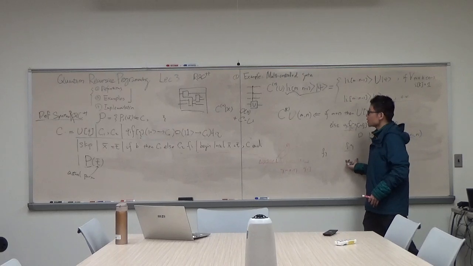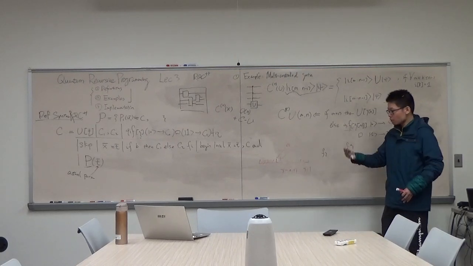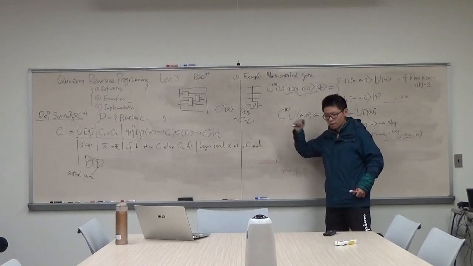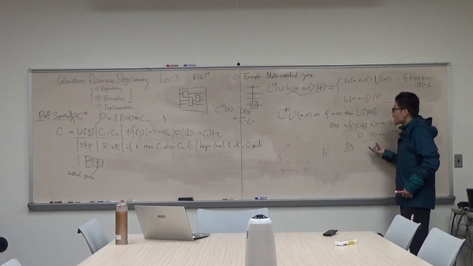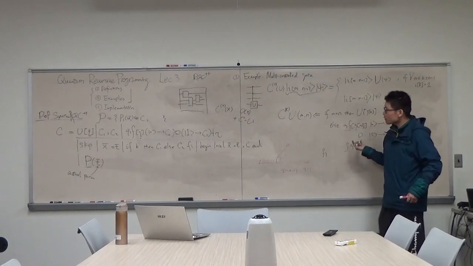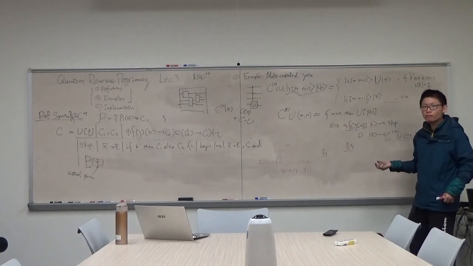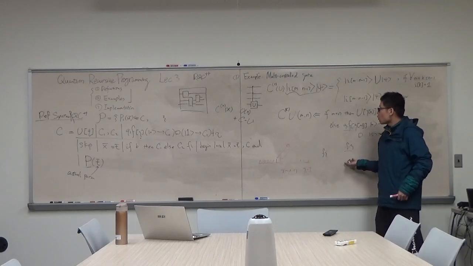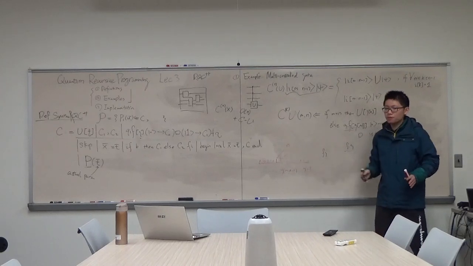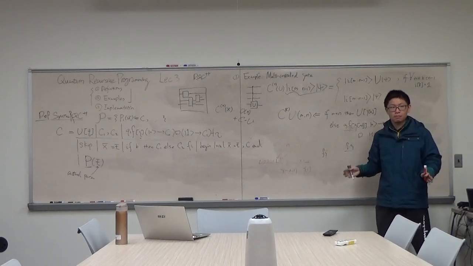When you compare it in terms of the standard circuit complexity, it will depend on the quality of the program. When you have different ways to program the same unitary, they might have different complexity.